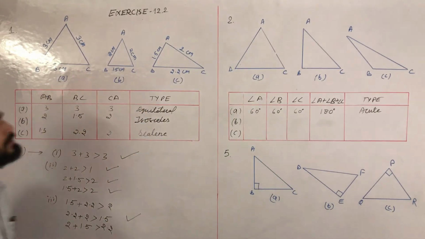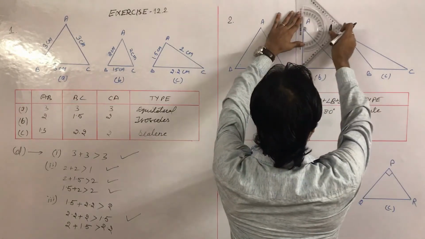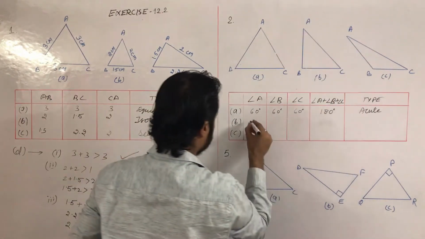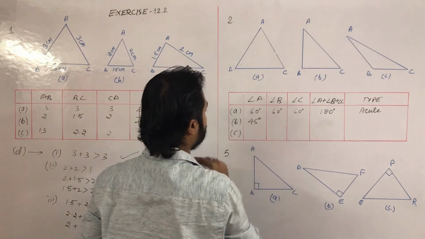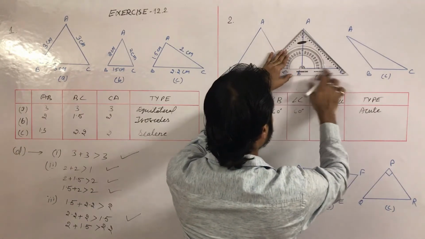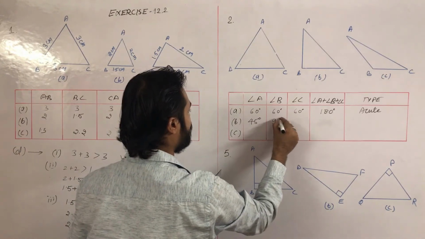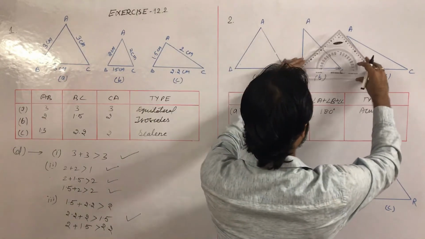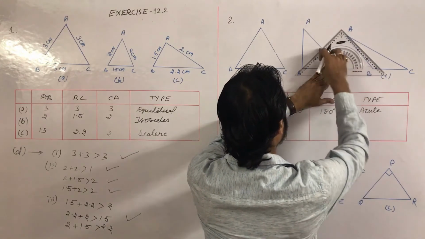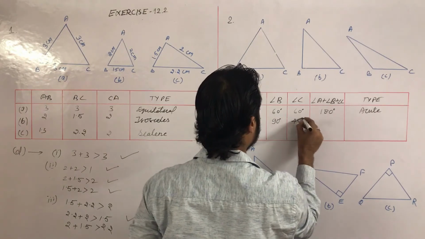Second part, part B. This is the triangle. Now, first angle, angle A, is 45 degrees. Then the second angle, angle B, is 90, so we'll write 90 degrees. And the third angle, angle C, is also 45.